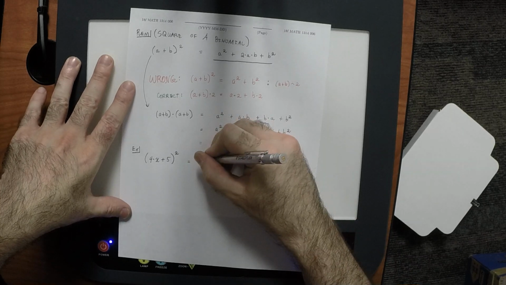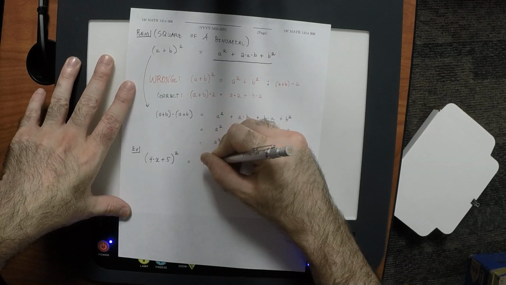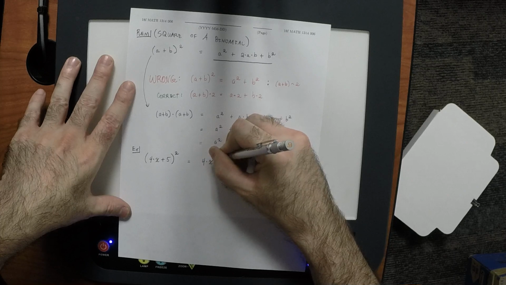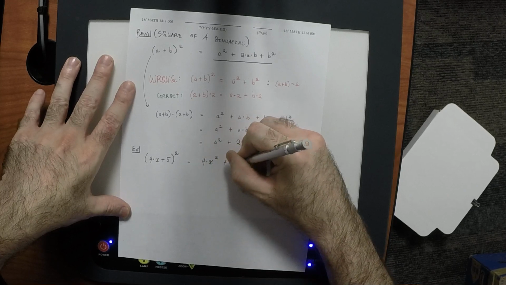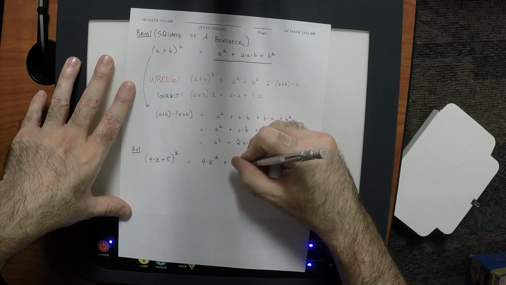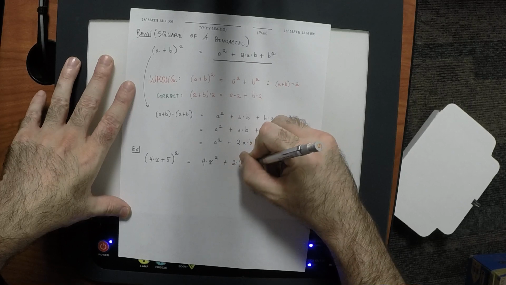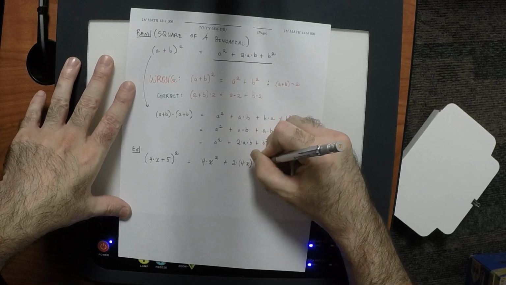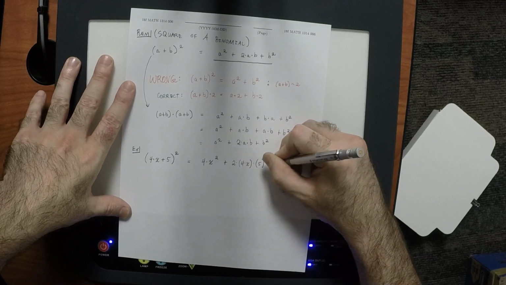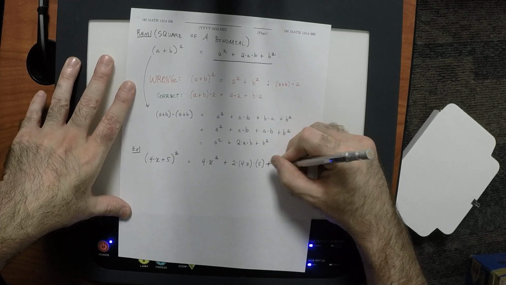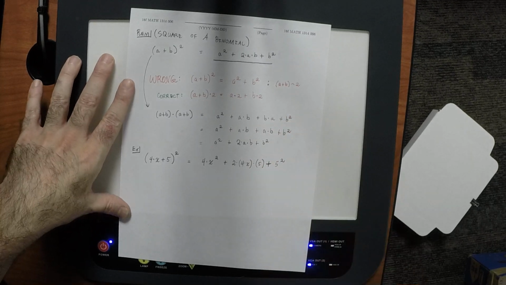All right, so now I'm going to make an error. So the first thing squared plus twice the first thing times the second thing plus the last thing squared.